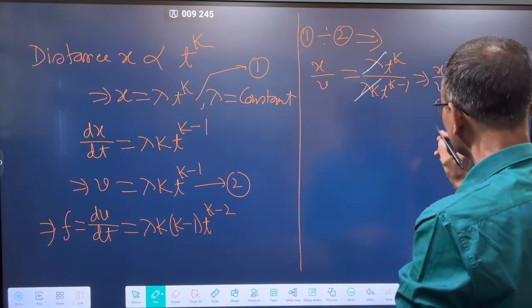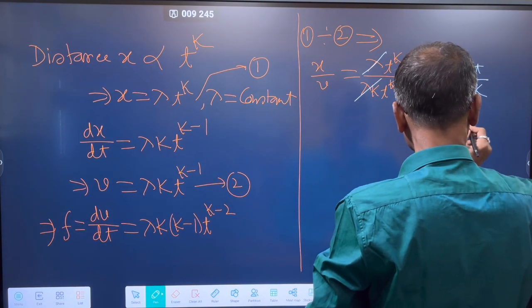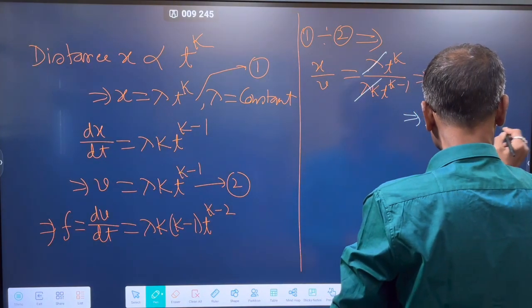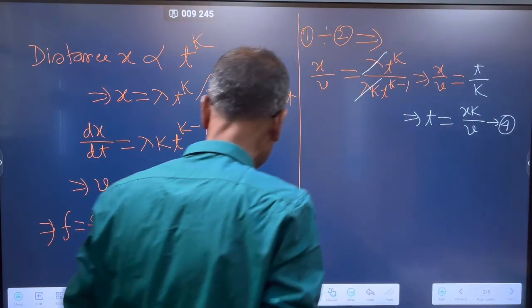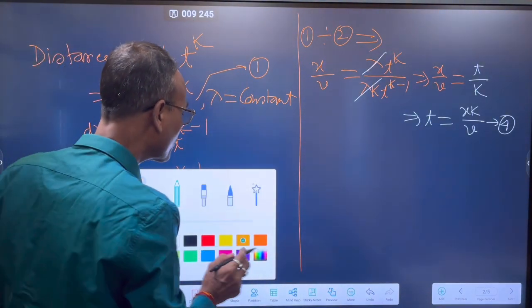This means t equals xk divided by v. Suppose this is number 4.